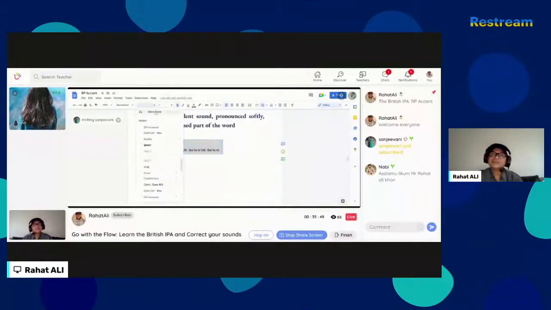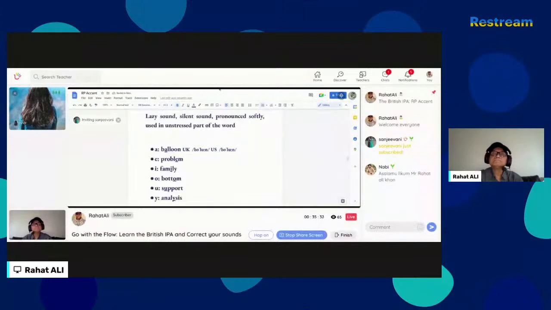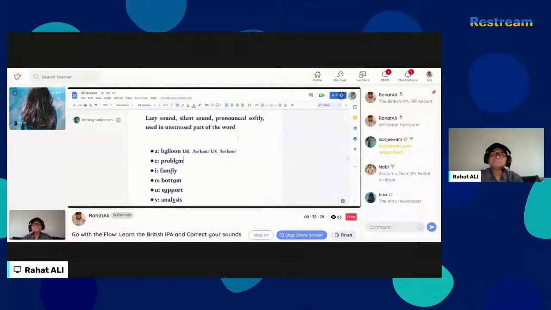What is the name of the newspaper that you read? The Hindu newspaper.